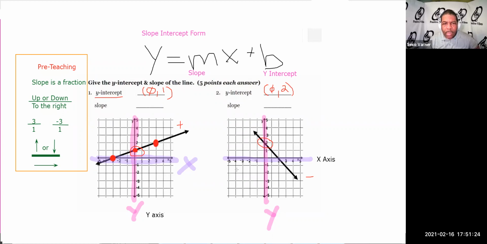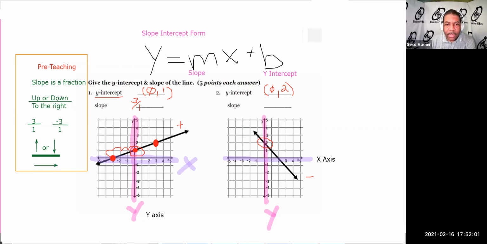This is a positive line, so we're going to go up 1, and then we'll go over 1, 2, 3. So the slope on this one was up 3 over 1. That's the slope. The slope is up and down on the numerator, and then on the denominator, the bottom part of the fraction, the slope is always a fraction.